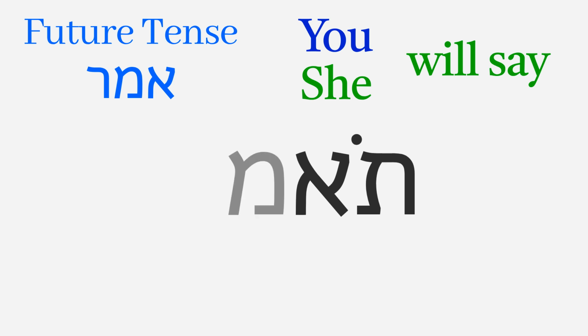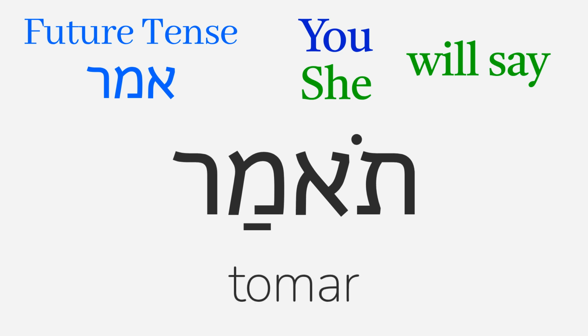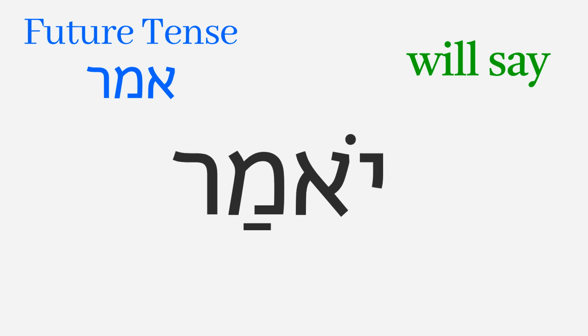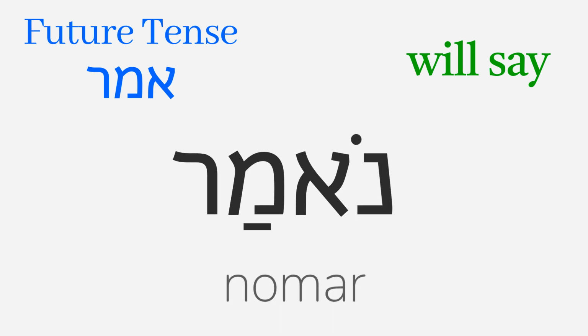Then the second root letter mem, onto which we add a patach instead of the usual cholam. We end with the third root letter resh. Tomar. You will say masculine singular, or she will say. With a yod prefix, we make yomar, he will say, and with nun, we have nomar, we will say.